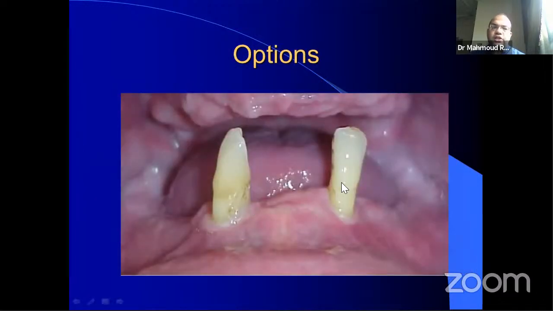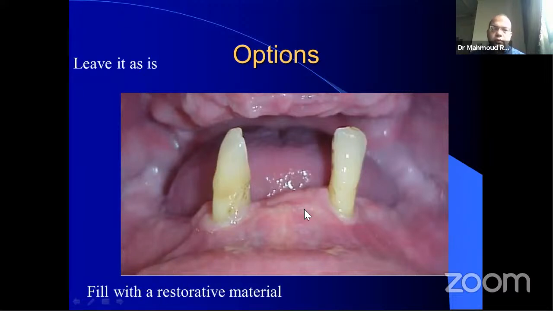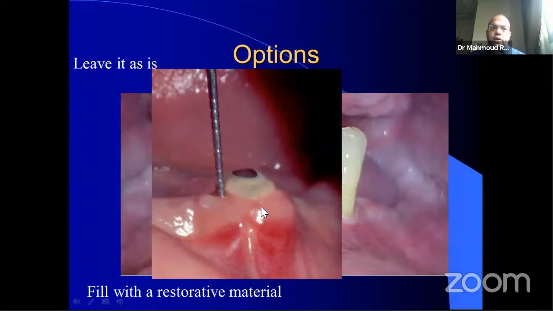So the options in a case like this are to leave it as it is, or we can do an endodontic treatment and amalgam plug and take support only from this option.